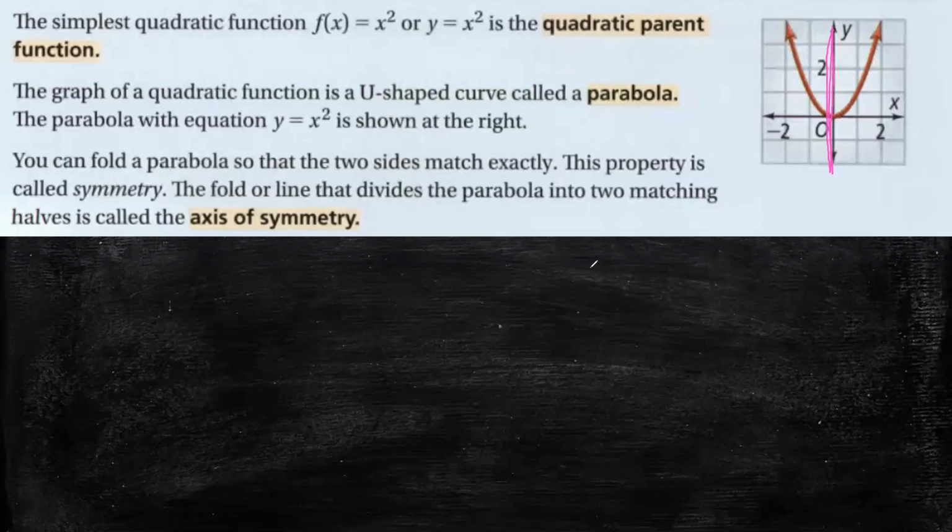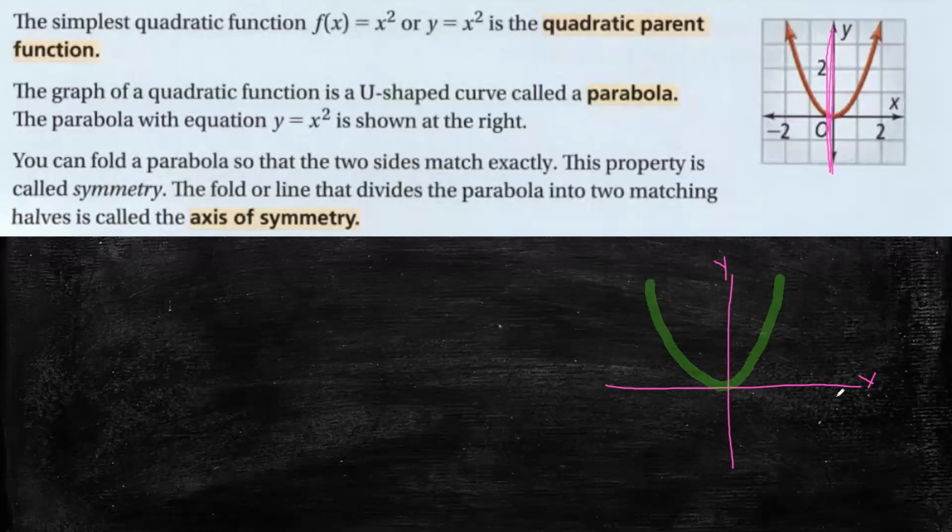Now, here we have the x, y axis. If the shape is this U shape, I will say that the axis of symmetry is the y axis. Is it right?